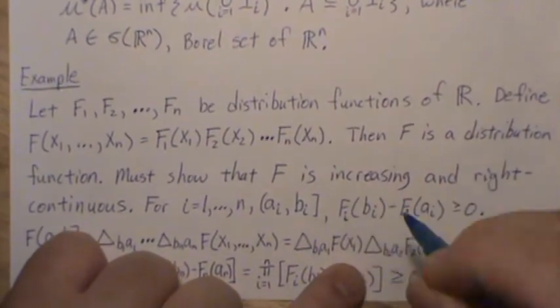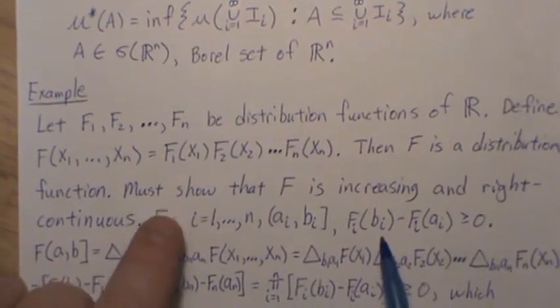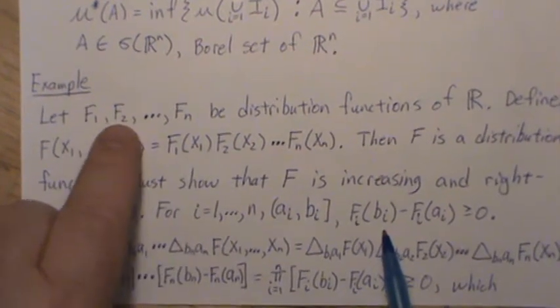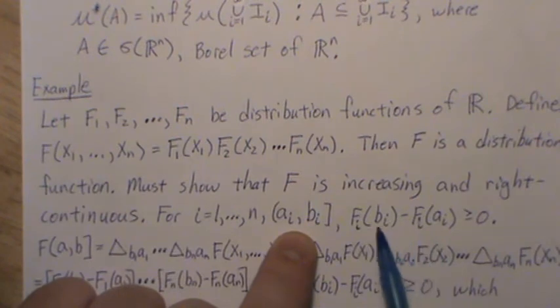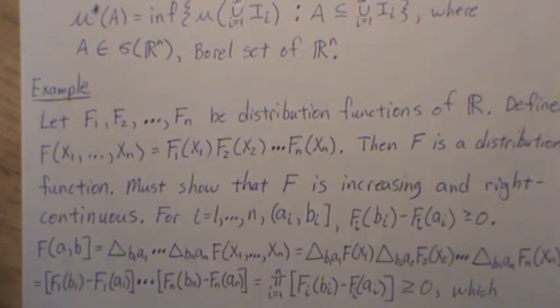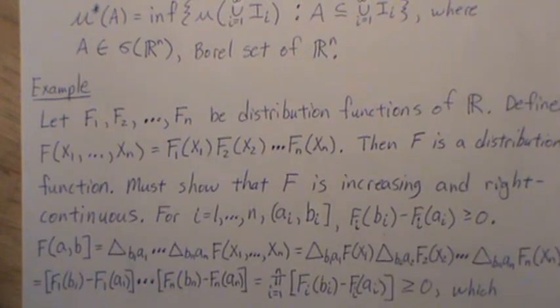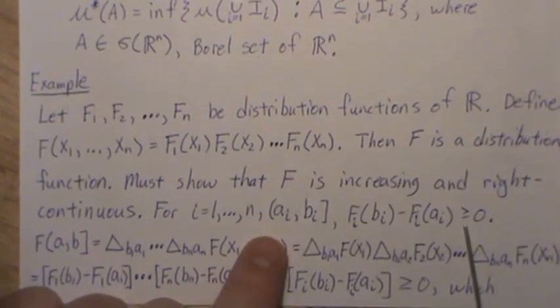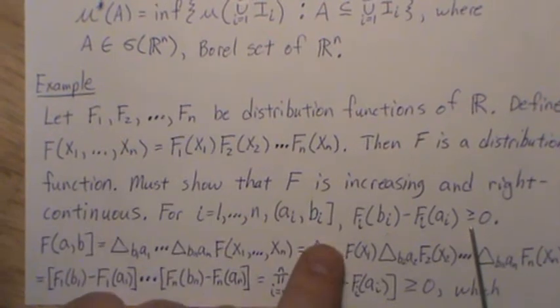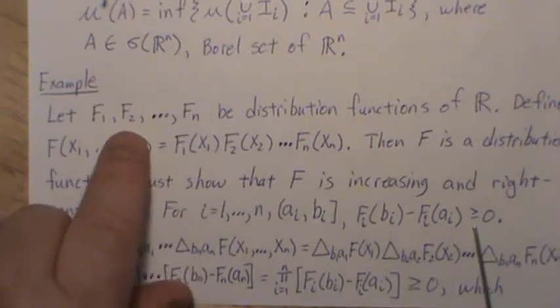Because these correspond to these distribution functions. So when we're in one-dimensional space, they're distribution functions, and so when you take the difference of those values, it is greater than or equal to 0. Okay, that's just the background fact.